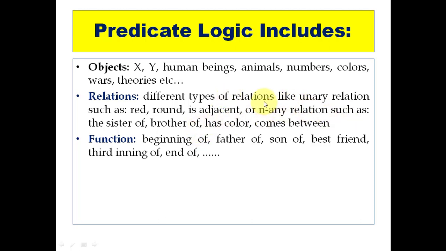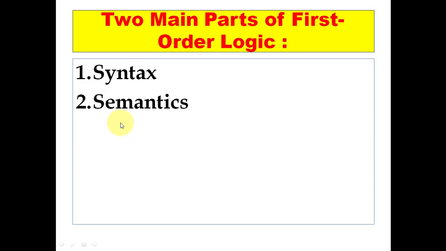So relations try to establish a relation between two or more objects, or with a single object also. Then functions like beginning of, father of, son of, best friend, end of. So it expresses some functions.